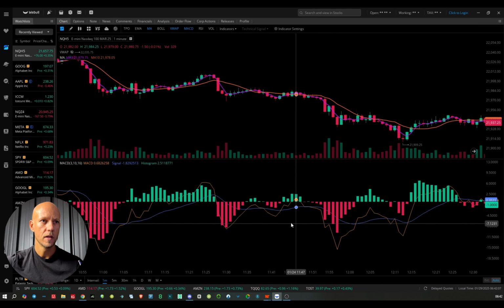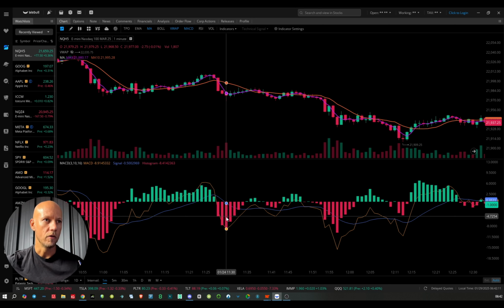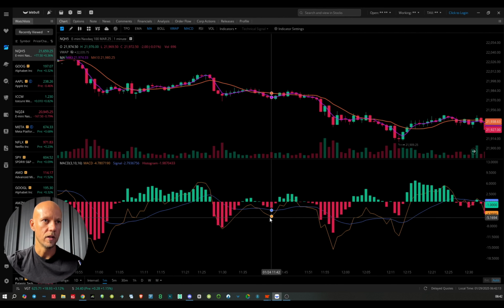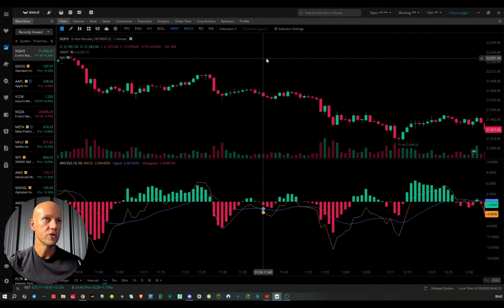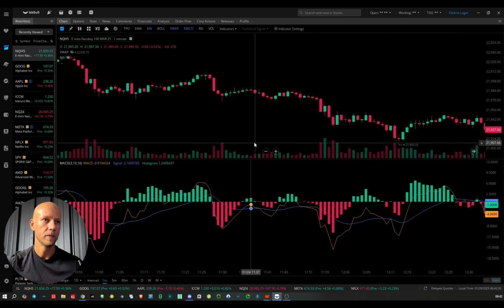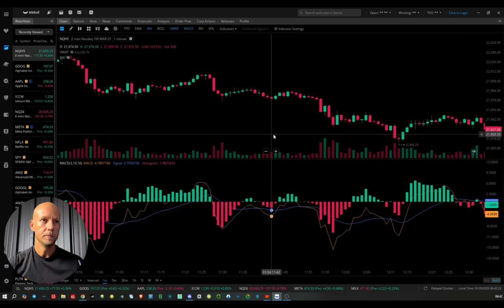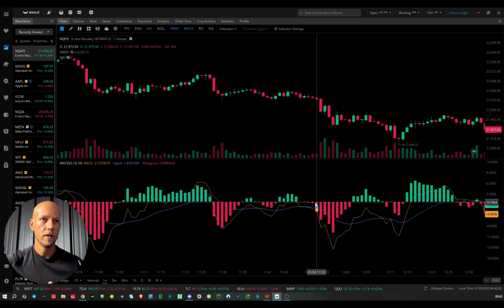So it's like a derivative of a specific signal line here. So how do we use it? How do we trade it? I'm going to show you guys. I'm going to look for shorts below the zero line and longs above the zero line.